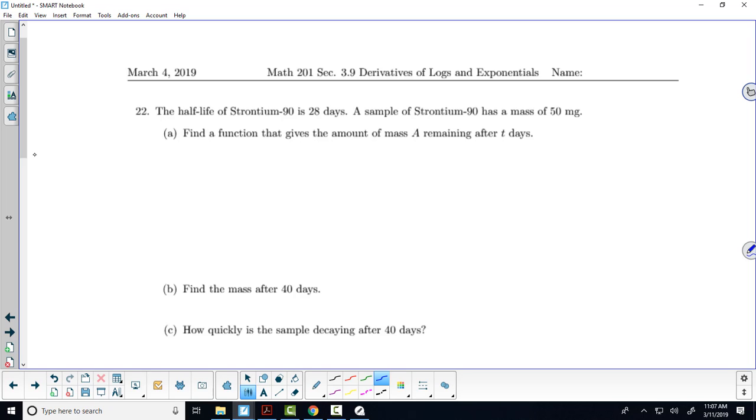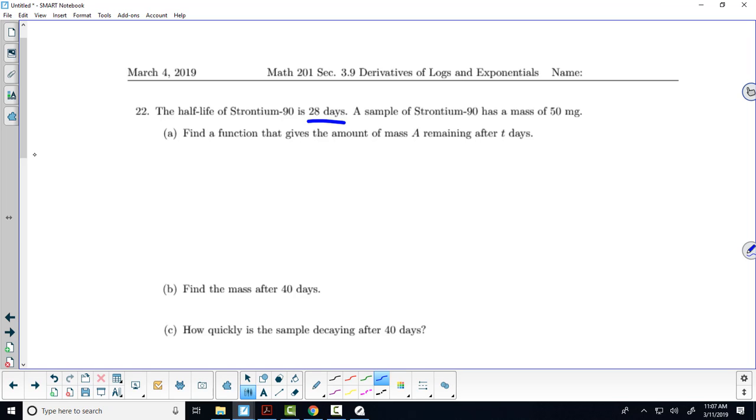It's radioactive. That's all I know. Okay, I don't know chemistry. Most of you probably know chemistry far better than I do. Okay? But we're given its half-life. That means that if we started out with 100 grams of it, after 28 days we'd have 50 grams. After another 28 days we'd be down to 25 grams.